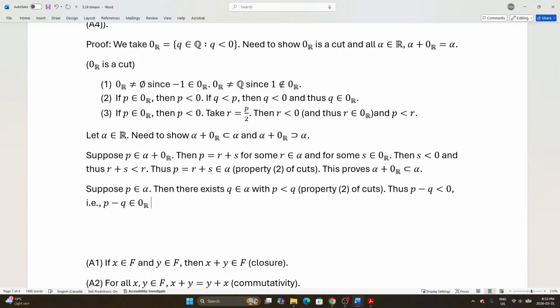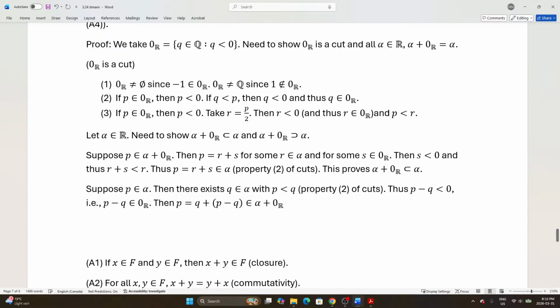Now we can write P equals Q plus (P minus Q). See what we're doing here: the first element comes from alpha, the second element comes from 0R. So this is in alpha plus 0R.